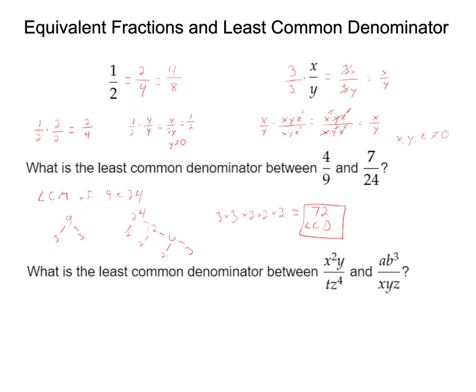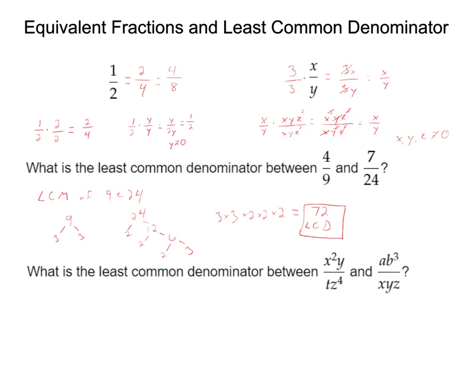If we were to add or subtract these, which I'll cover in a different video on adding and subtracting fractions, we'd want to create an equivalent fraction for 4/9 and an equivalent fraction for 7/24 in order to add or subtract them.